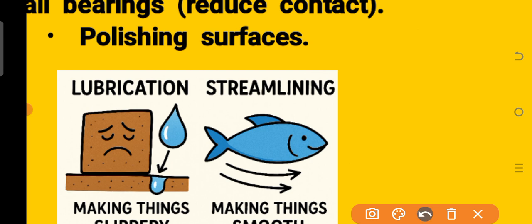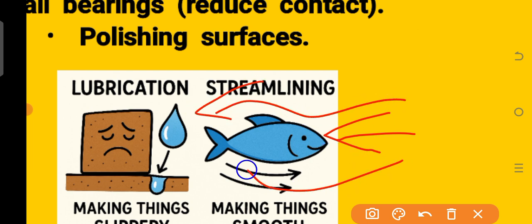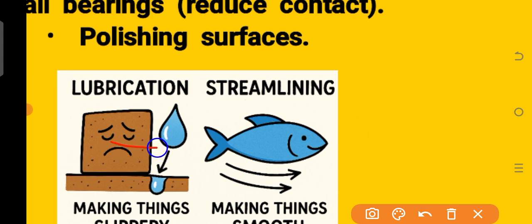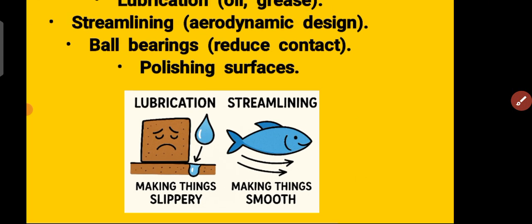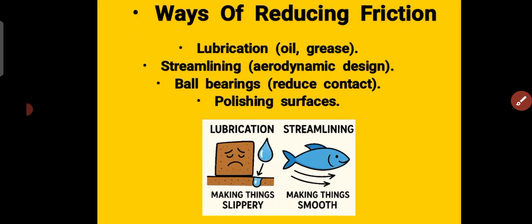But if we were to streamline it, as in this case here, instead of air hitting every part of it, some of it will flow around it, thus reducing the opposition that we have from air. So in streamlining, it makes things smooth so that the air in this case can move around it.